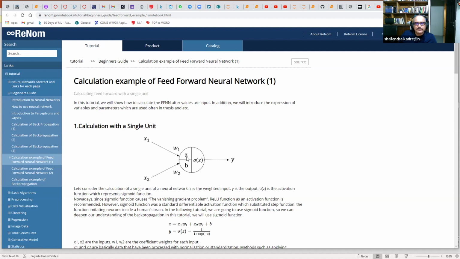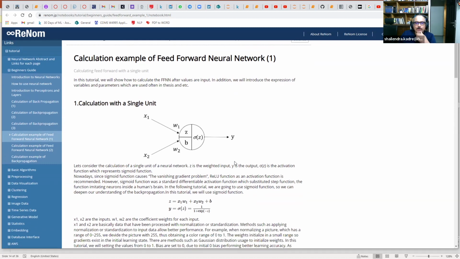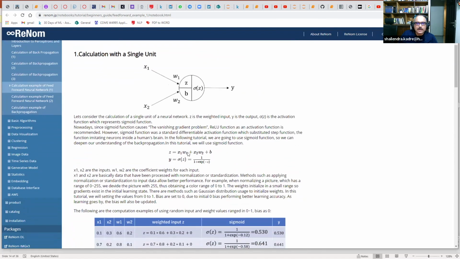Once you calculate Z, the output of that neuron, you put an activation function on it to get the final output. Z is X1 W1 plus X2 W2 plus B. We saw it yesterday. One neuron, one bias.